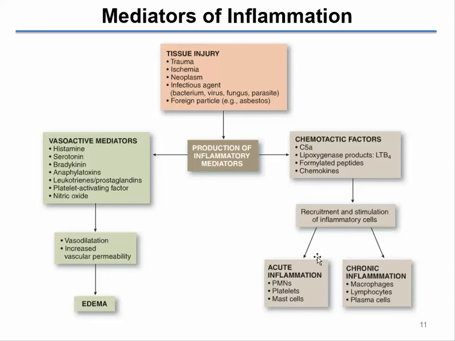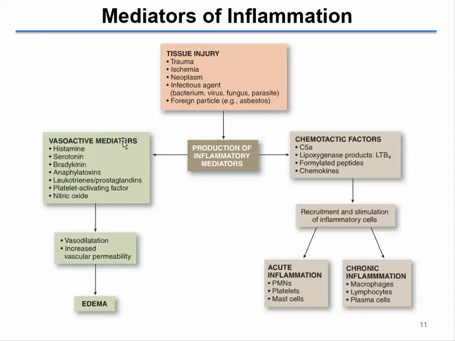As it goes chronic, so these are the innate cells. Then there are the more specific immune response cells, lymphocytes and plasma cells. They're more involved with fighting the specific pathogen, and we see those in chronic inflammation. But all of this is triggered by these chemotactic factors.